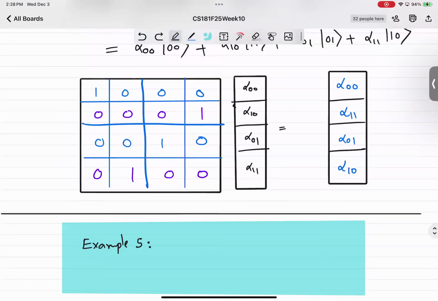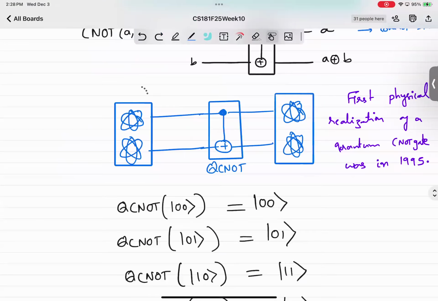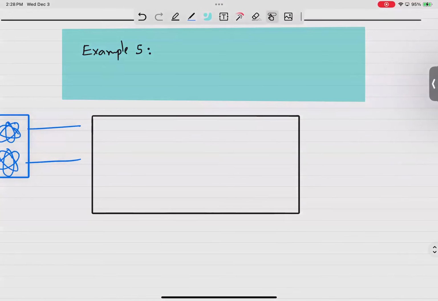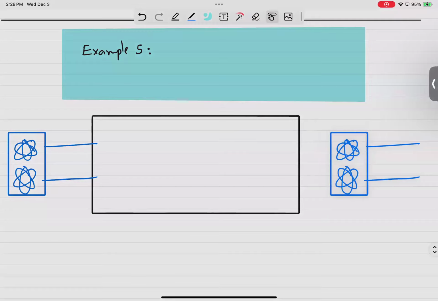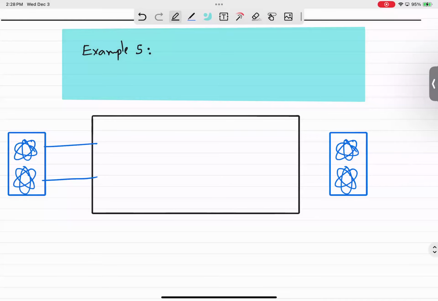It's a circuit with 2 qubits as input. Okay, and you're going to get 2 qubits again, right? And I'm just going to chain 2 of the gates that we've discussed.